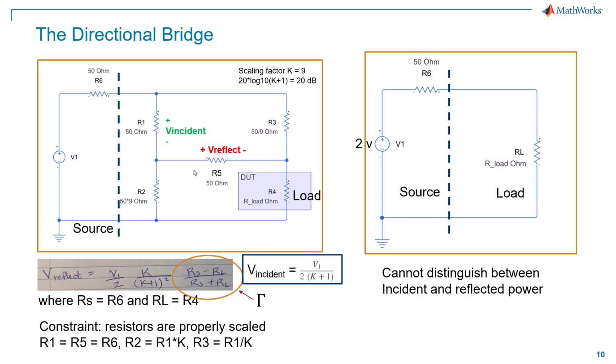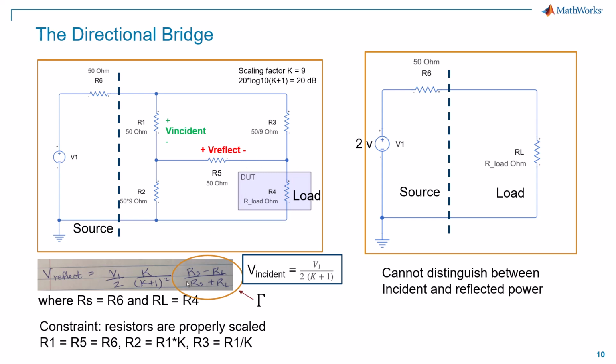What we're doing is siphoning off, or sampling, part of the power that's going to the load to make the incident power measurement. And the same thing with the R5 measurement, or the reflected voltage measurement. We're only siphoning off a part of what would be directed to the load to make that reflected power measurement.